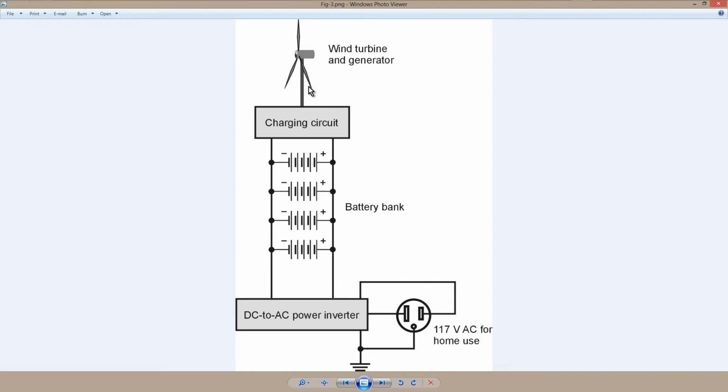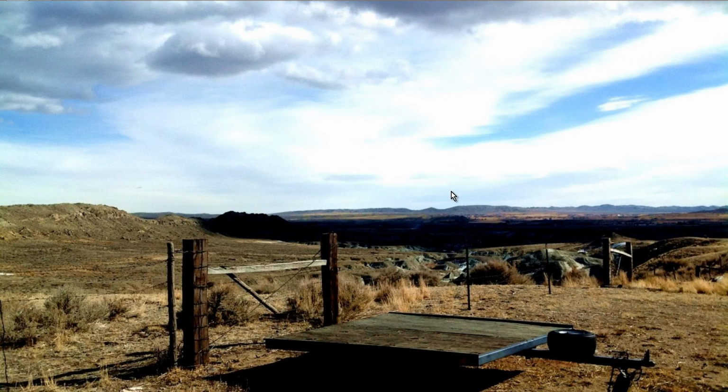But of course, this circuit can produce power only when the wind blows, and that's why you need to have a large capacity battery bank, so when the wind doesn't blow, you can still get power for a while. Now, in a place like the Long Wave Ranch in Cody, Wyoming, windless periods are rather few and far between.